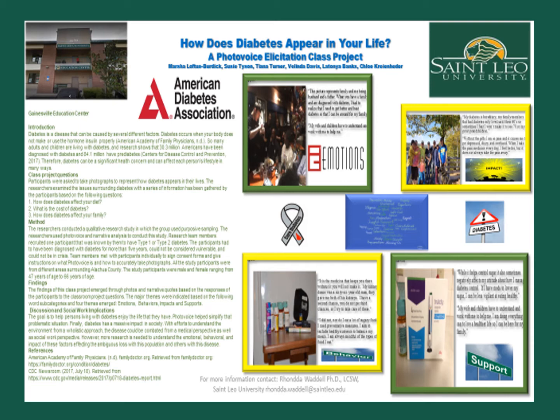Photovoice helps simplify the problematic situation. And finally, diabetes has a massive impact in society. With efforts to understand the environment from a holistic approach, the disease could be combated from a medical perspective as well as a social work perspective. They pointed out there was a need for more study to look deeper into the lives of people living with diabetes.